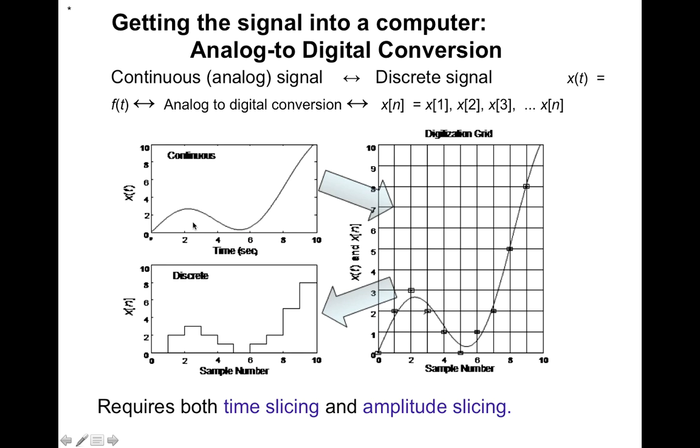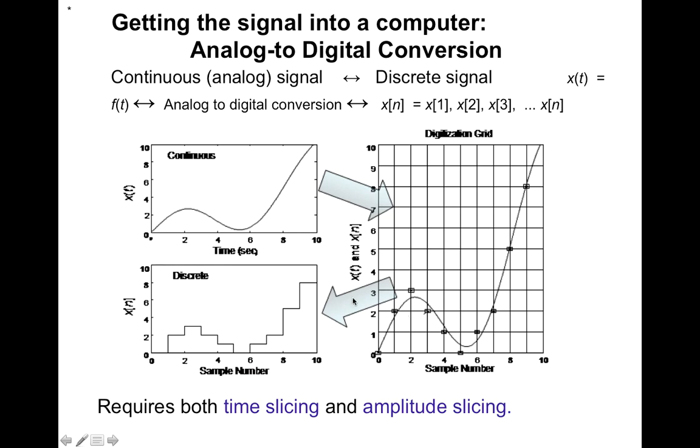Here's an example of a continuous signal. And based on digitization, here's an example of what the discrete signal looks like. This grid illustrates that we're sampling at specific times. But the other thing we're doing is only allowing our signal variable to take on distinct levels.